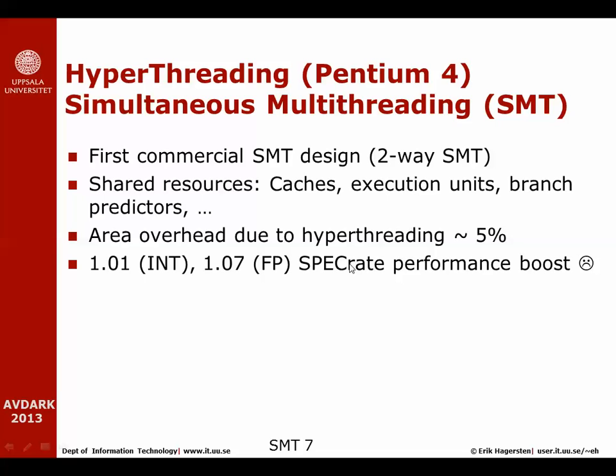If you can run two threads at the same time, you should expect the SPEC rate performance to increase by a factor of 2 if the architecture scales linearly with the number of threads. But since this implementation of hyperthreading shared so many resources, you saw just a 1% improvement on the integer benchmarks and a 7% improvement on the floating point benchmarks. And once more, this is when you schedule several threads to run exactly the same benchmark at the same time. That's how you measure the SPEC rate.